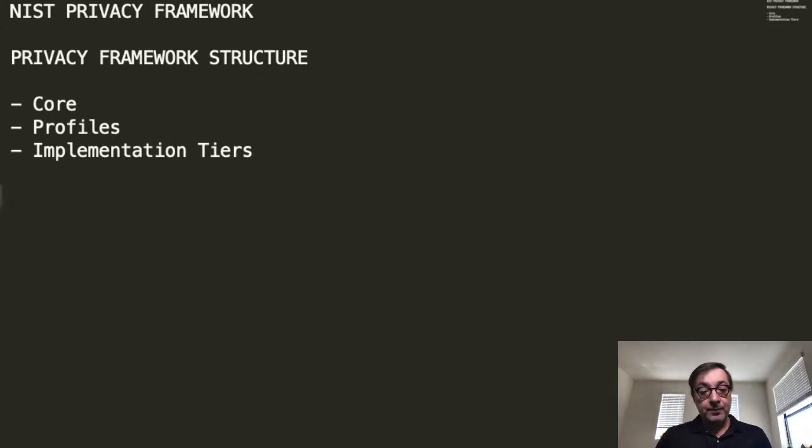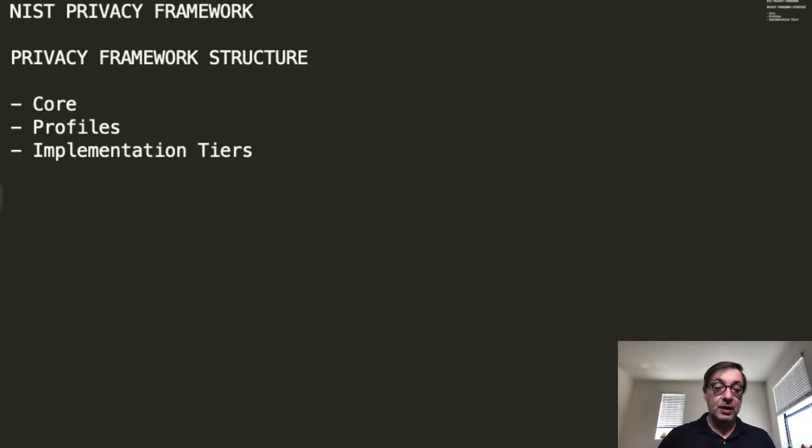So with the core, they are really just providing an increasingly granular set of activities and outcomes that enable an organizational dialogue about managing privacy risk. The profiles, like in the cybersecurity framework, are essentially a selection of specific functions, categories, and subcategories from the core that the organization has prioritized to help them manage privacy risk.